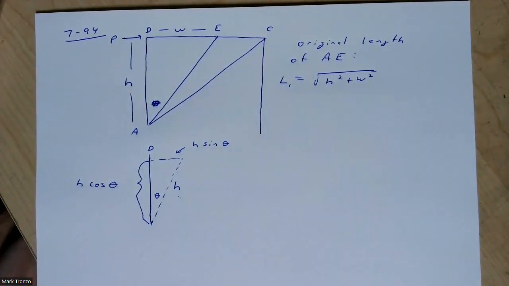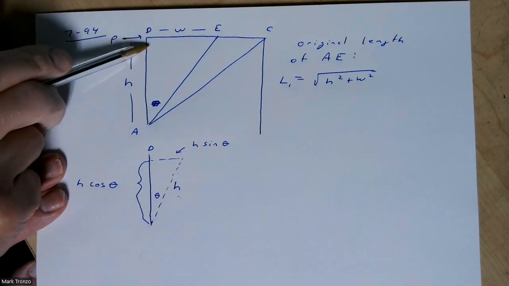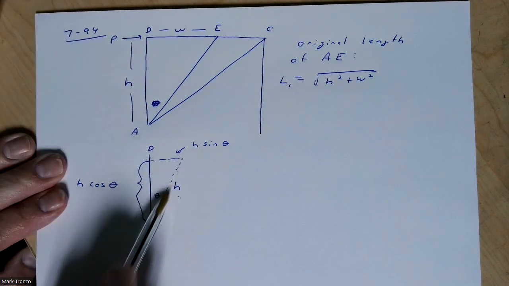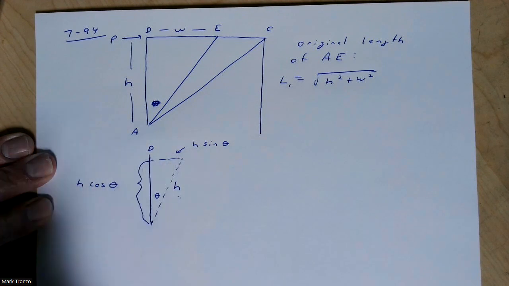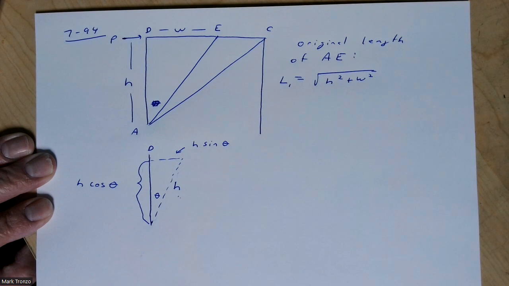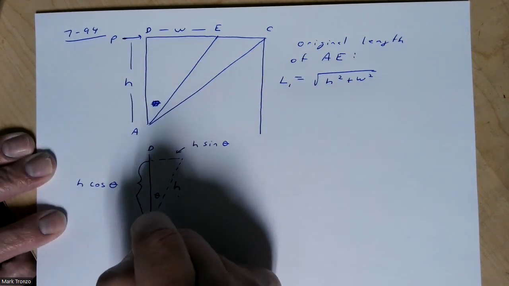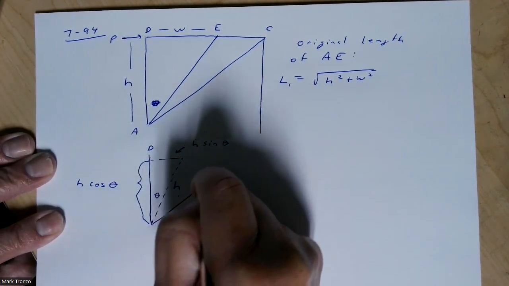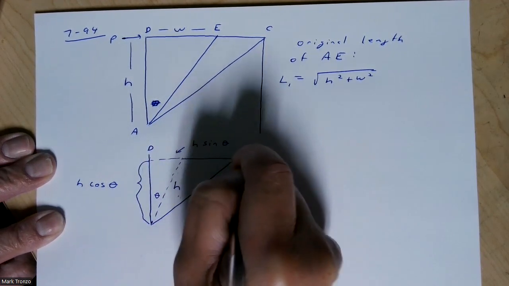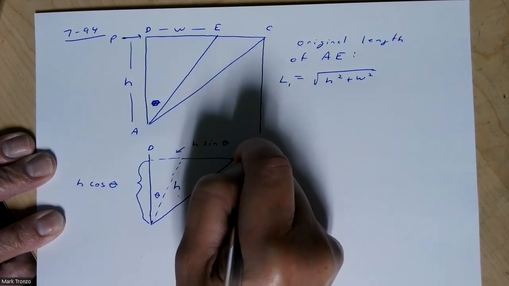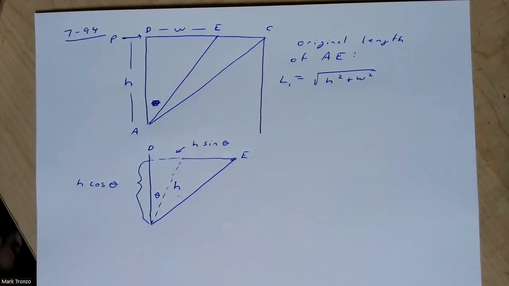So when this part gets pushed a little bit, these are going to be the new dimensions. You're going to have this one and this one here. But then, of course, E is still out here. This is E right here.